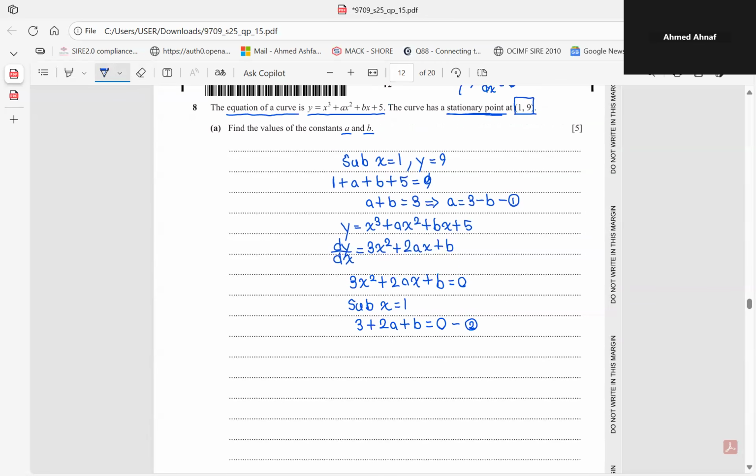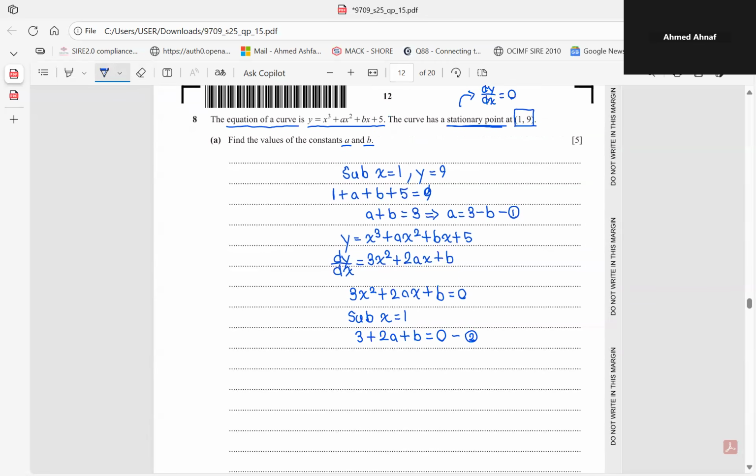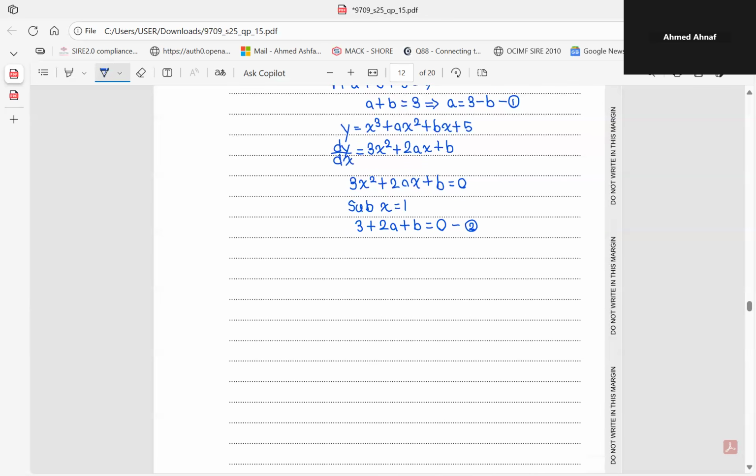Okay, now we have two simultaneous equations. We have to solve them simultaneously. So since we have an equation purely in terms of a, we are going to use substitution. So we're going to substitute 1 into 2. So this would be 3 plus 2 times a, which is 3 minus b, plus b equals to 0.